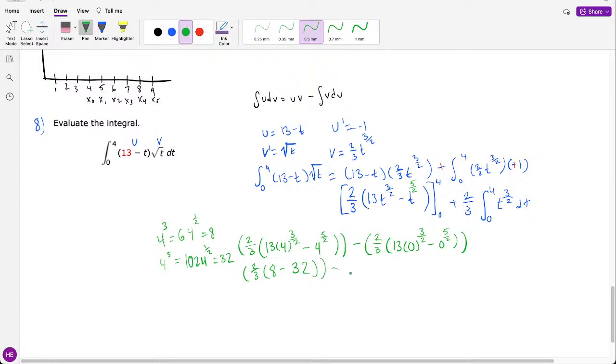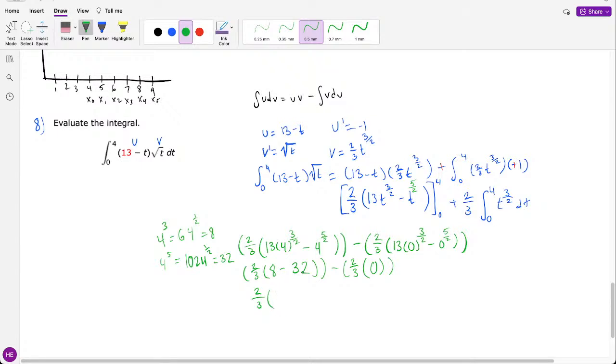minus 2/3 times 0, right? Yeah, those shouldn't change. Okay, that's starting to get simpler.